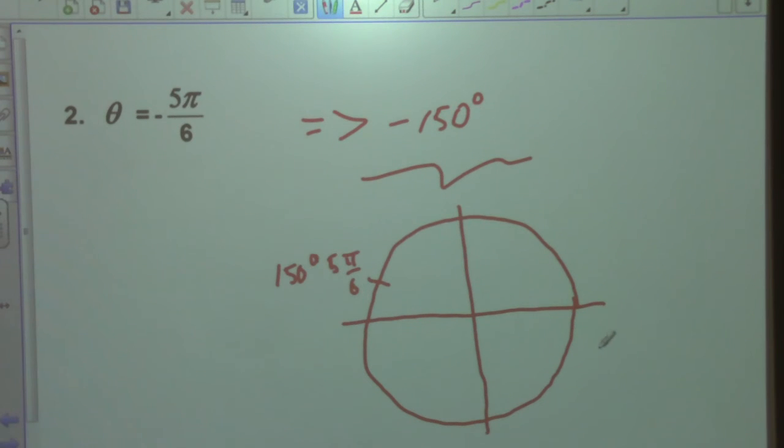Okay, so negative 5 pi over 6 is going to be the same magnitude of angle, but in the other direction. So instead of rotating up here like this to here, you're rotating this way to here, which is going to be negative 150 degrees, because you rotated the other direction. Instead of counterclockwise, you did clockwise, right? Okay, that's a good question.